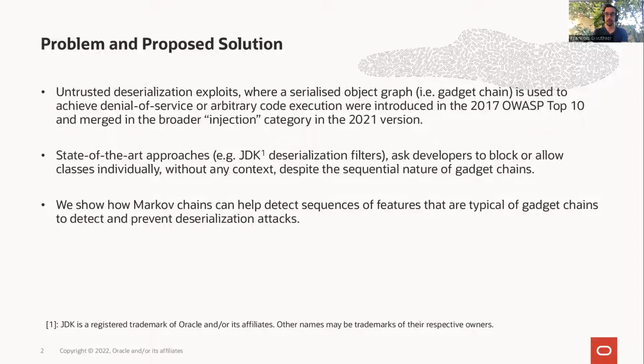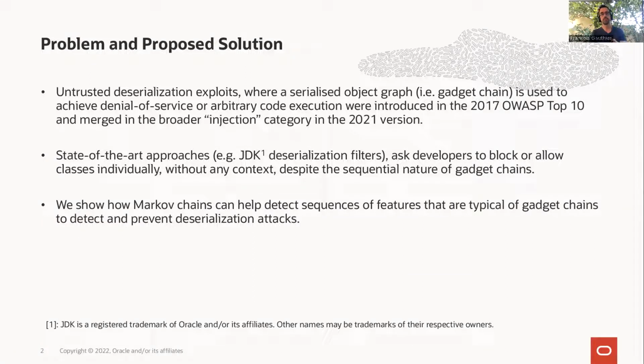Now, there are some existing approaches to help developers filter deserialization as it happens, an example of which is JDK deserialization filters. However, those filters ask developers to block or allow classes individually as they are read from the stream, without any context about the actual graph being reconstructed.